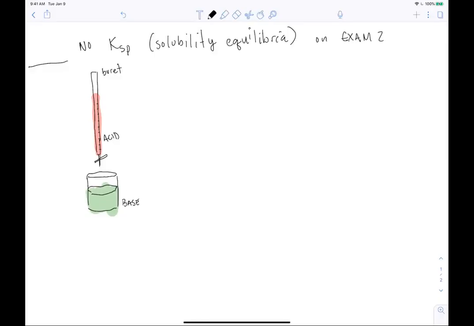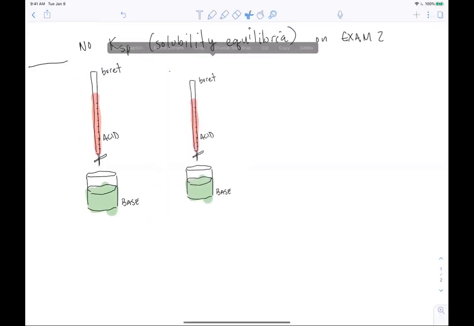So you've got a burette full of acid, and you've got base in a beaker. When you titrate, you open up the stopcock, so right here, this thing can be opened, and you can push acid through.